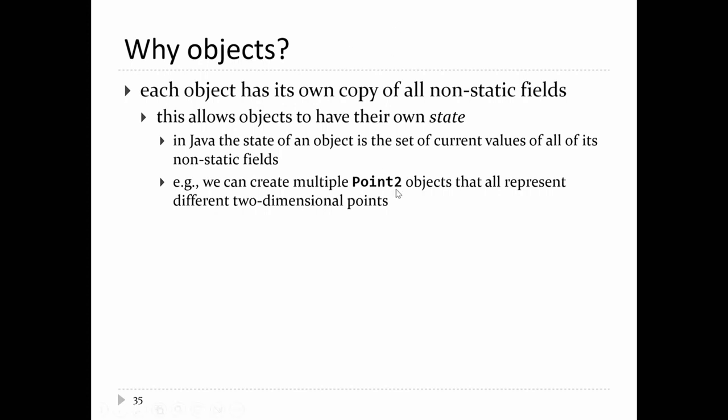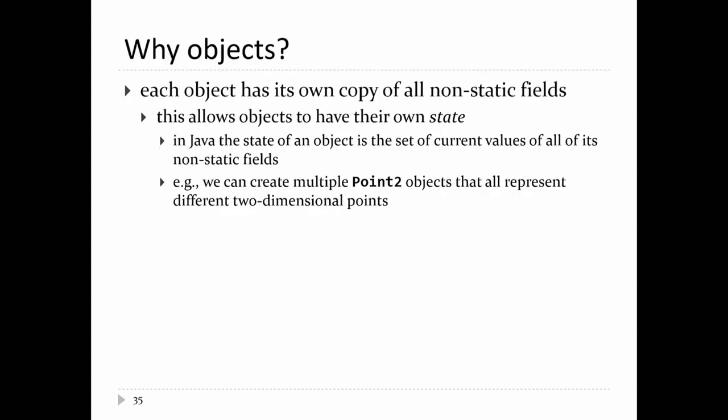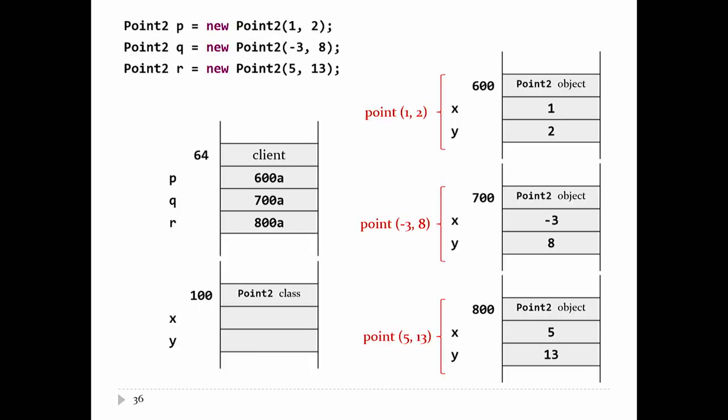So I'm going to make this class. Have we seen Point2? We haven't seen Point2 yet. Okay, have we seen this class? We've seen this class. We've seen Point2. Remember, Point2 is the class that represents a two-dimensional point having an x and a y coordinate. You can make multiple Point2 objects all having their own x and y coordinates.